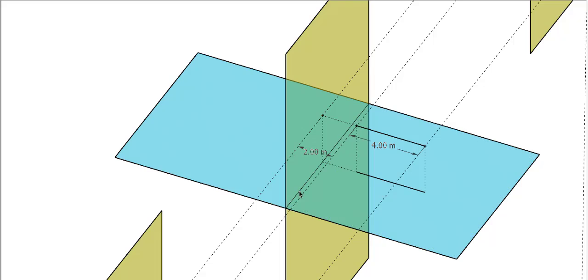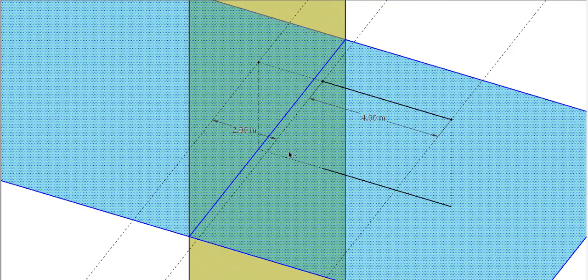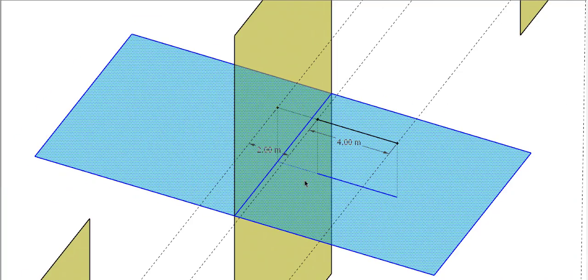So obviously, as with any other case, we have to rotate the horizontal plane along with the projections by an angle of 90 degrees.